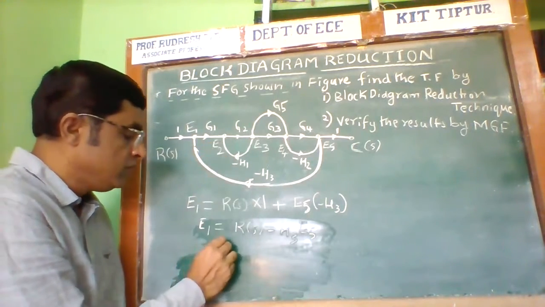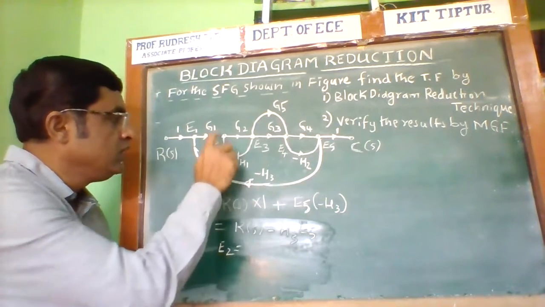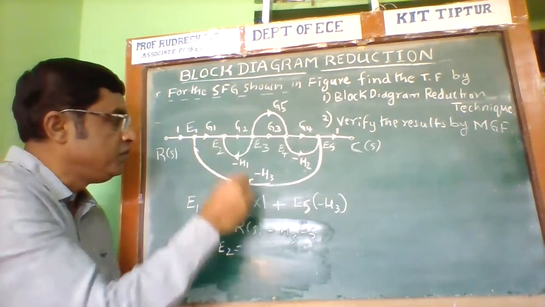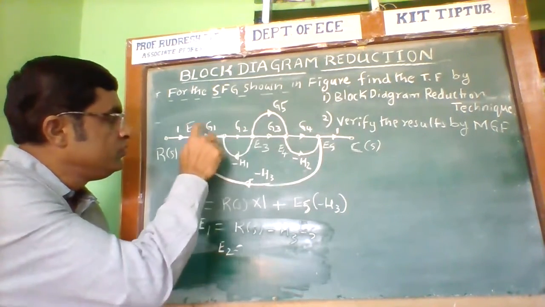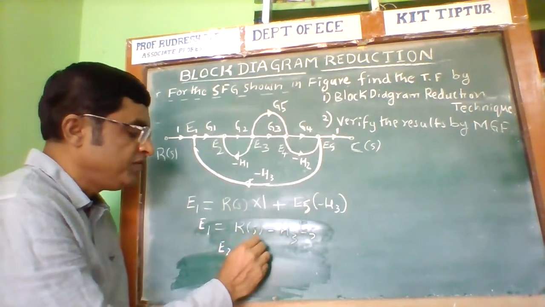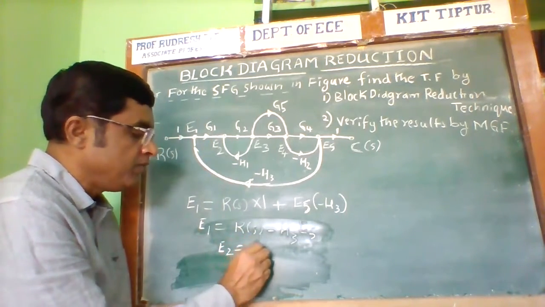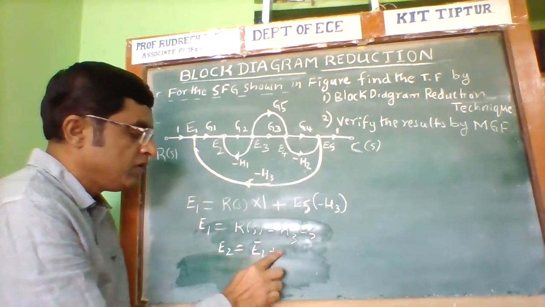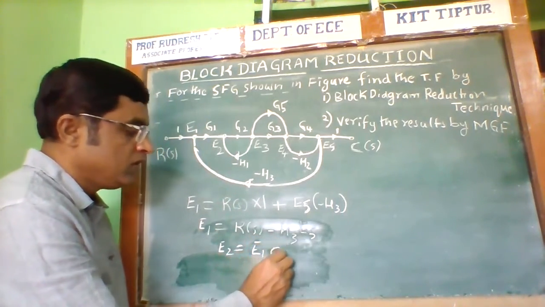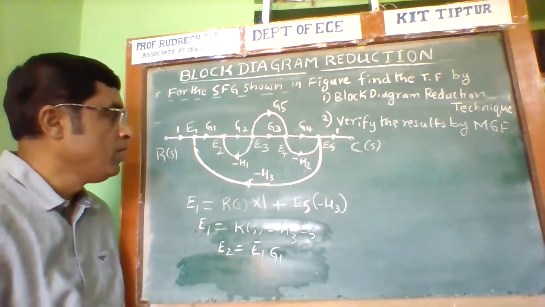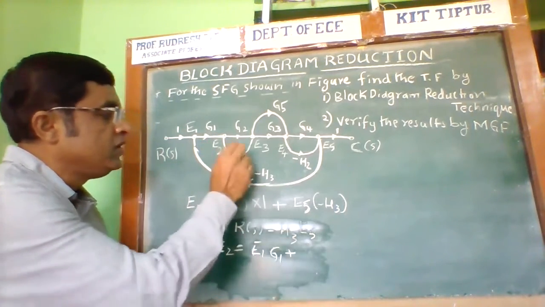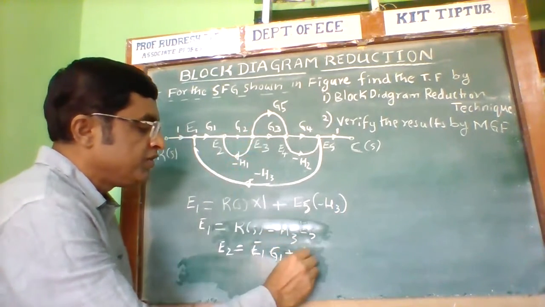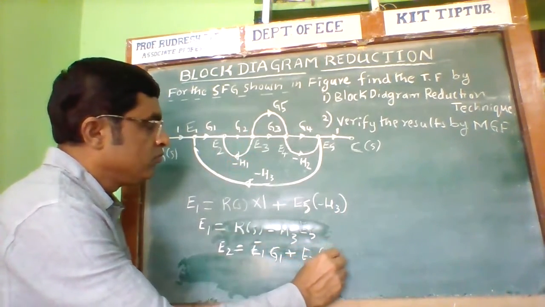What is E2? For E2, we need to consider only the incoming signals. Therefore, E2 is equal to G1 into E1, where the input is E1 and the transfer function is G1, plus the incoming signal E3 into minus H1.